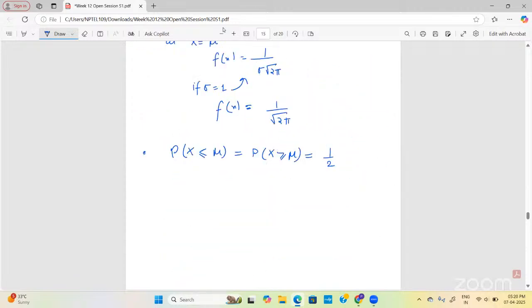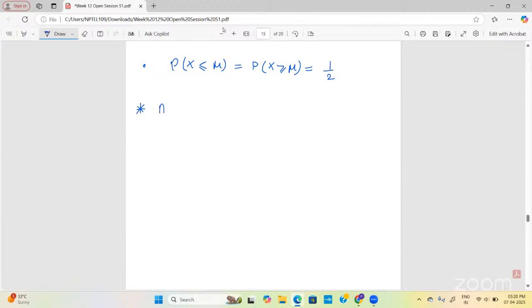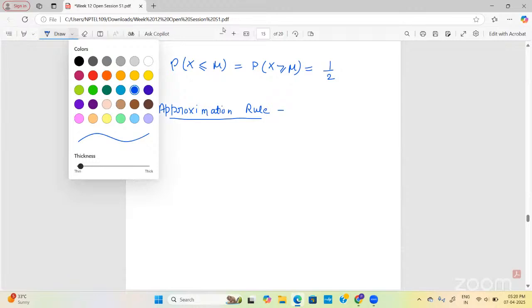Now we will study the approximation rule. In the approximation rule, you have to remember a few things.